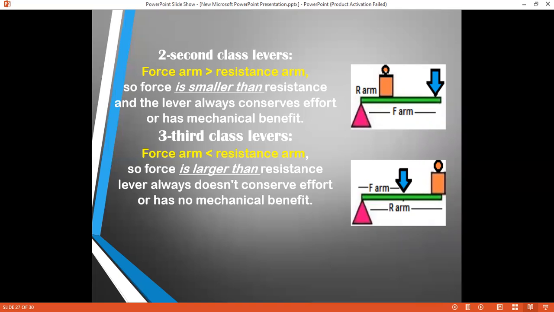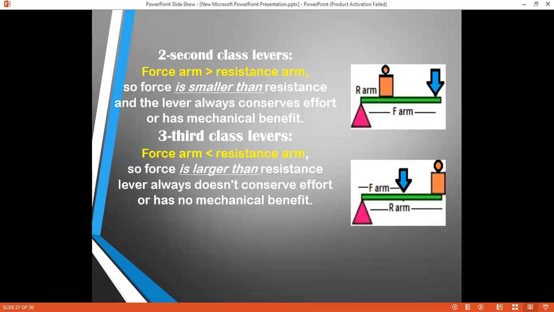When the force is smaller than resistance, I apply a small force, so it conserves effort. Got it? When the force arm is longer than the resistance arm, it saves effort. When force is smaller than resistance, it saves effort.